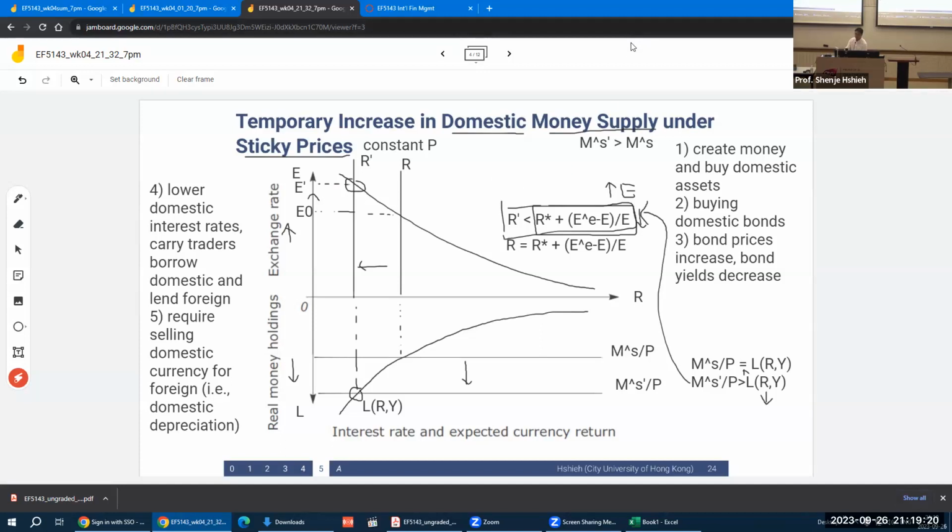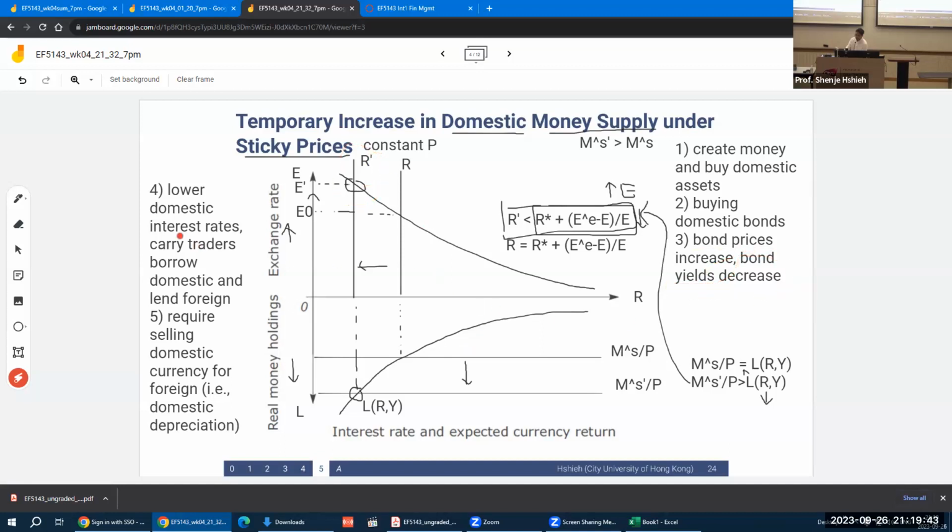Now we can talk about the economics. So what's the mechanism? The mechanism is the following. How does a central bank increase money supply? They conduct open market operations. They create money. They use that money to refinance. In other words, they buy their own assets. And buying domestic assets is going to have an impact on prices. Namely, bond prices are going to go up and bond yields are going to go down. And therefore, we see interest rates going down.